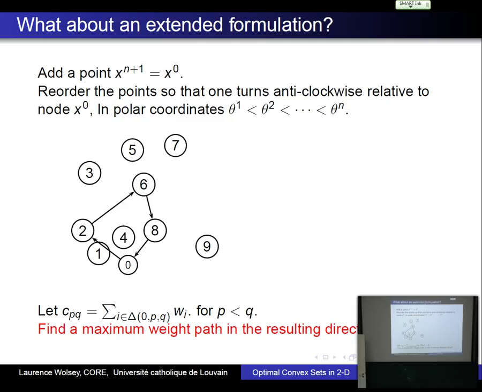So you associate a weight with each arc PQ, the weights inside the associated triangle. And now if we can find a maximum weight path from 0 and back to 0 again, we're going to have an optimal solution of the problem.